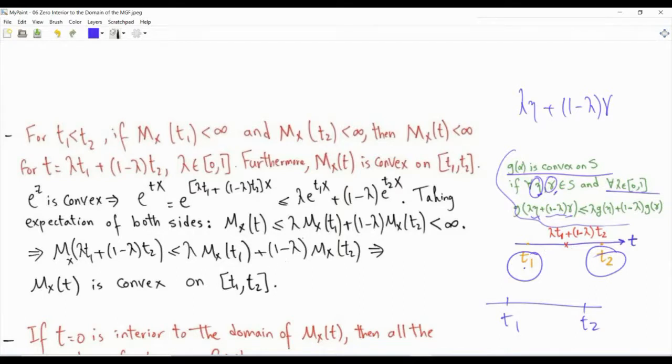So again, the exponential function is convex, and this function is differentiable. So if you differentiate it twice, you get something that is positive. So it is indeed a convex function.